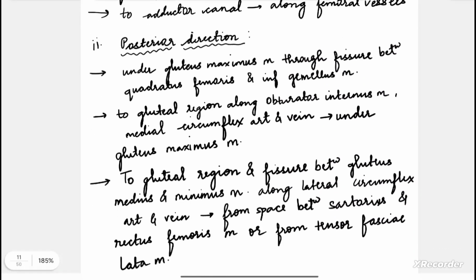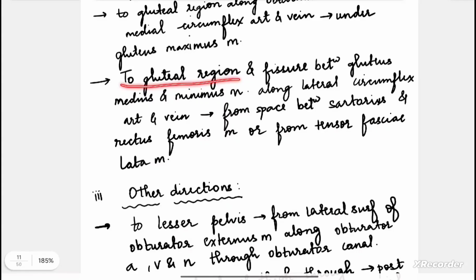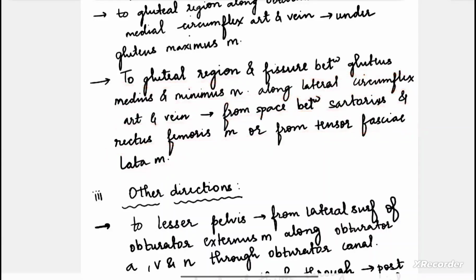In the posterior direction, under the gluteus maximus muscle through the fissure between the quadratus femoris and inferior gemellus muscle, to the gluteal region along the obturator internus muscle, the medial circumflex artery and vein under the gluteus maximus muscle, to the gluteal region and fissure between the gluteus medius and minimus muscle along the lateral circumflex artery and vein, from the spaces between the sartorius and rectus femoris muscles or from the tensor fascia lata muscle.